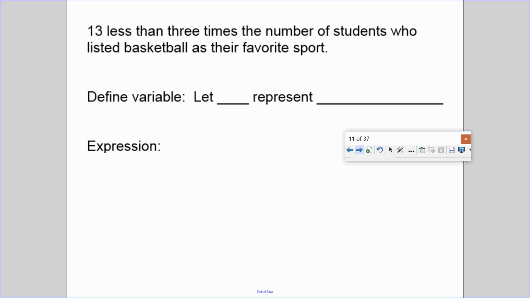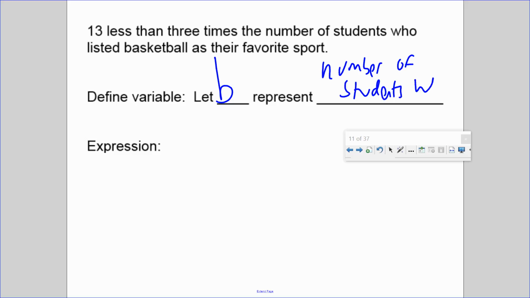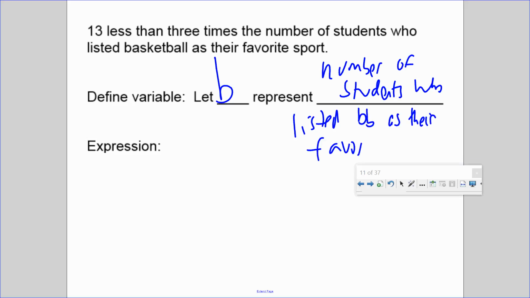13 less than 3 times the number of students who listed basketball as their favorite sport. They did not tell us how many students listed basketball as their favorite. So let B represent the number of students who listed basketball as their favorite sport.